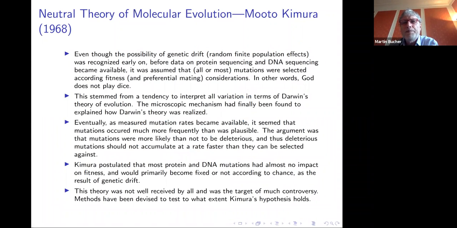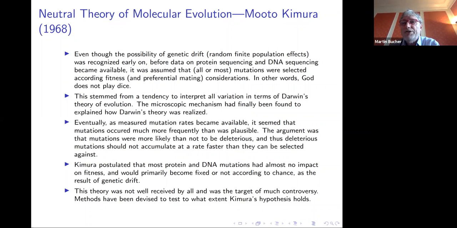Okay, so as more and more data became available, people realized that there were many mutations, and not enough selection to get rid of bad mutations. So this is where the neutral theory of molecular evolution came from.